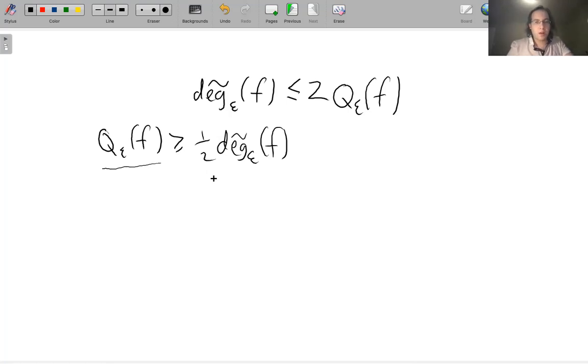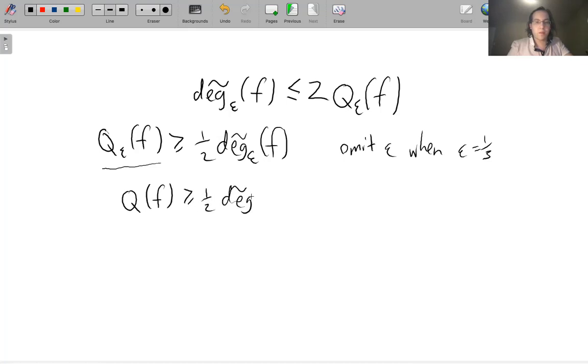Okay, now I should also note that we omit epsilon when epsilon equals 1/3. This is because we don't really care about constant factors usually. So we can write this. Note that the quantum query complexity is the same for any constant error level because of amplification. It turns out that approximate degree can also be amplified.